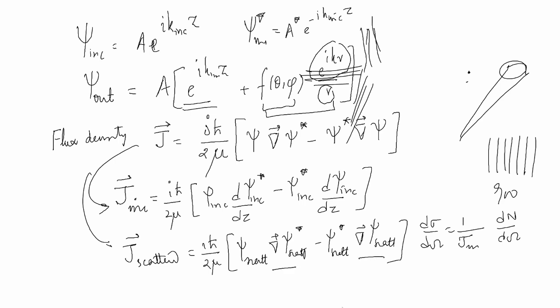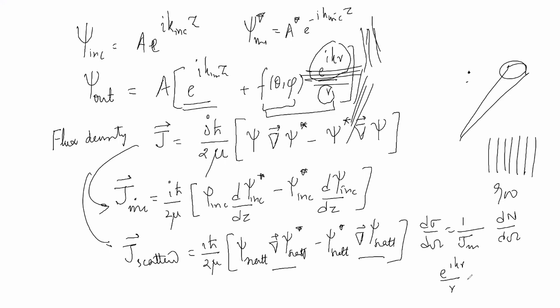But in this case, what is psi scattered? Psi scattered has the form e to the power i k r by r.